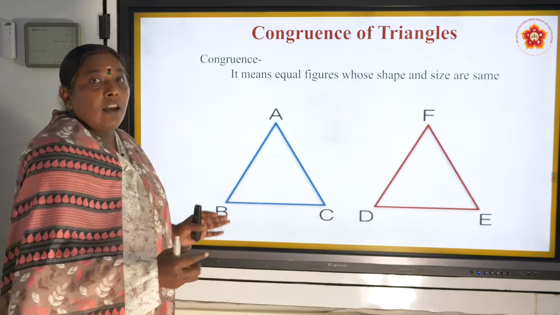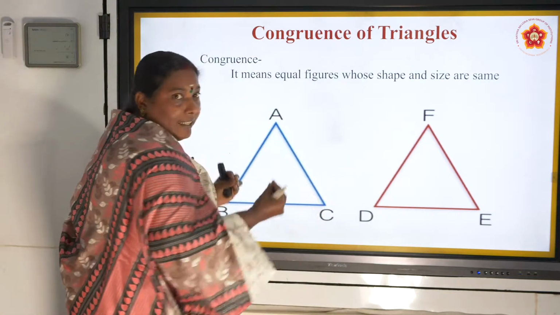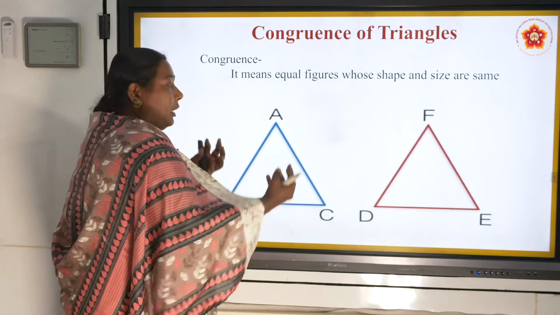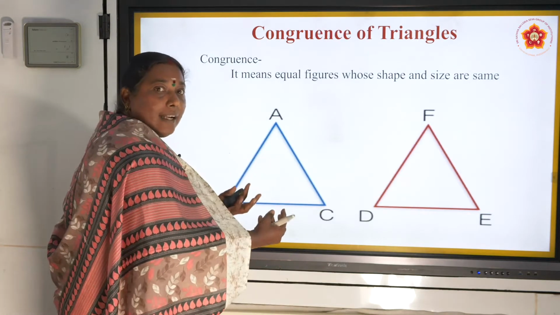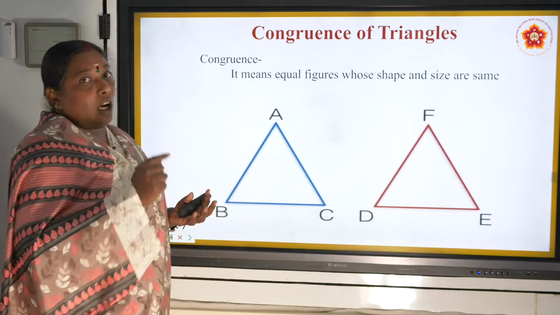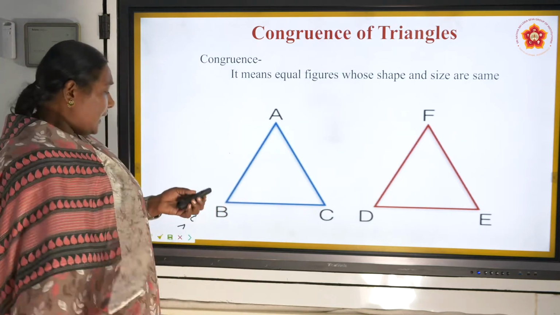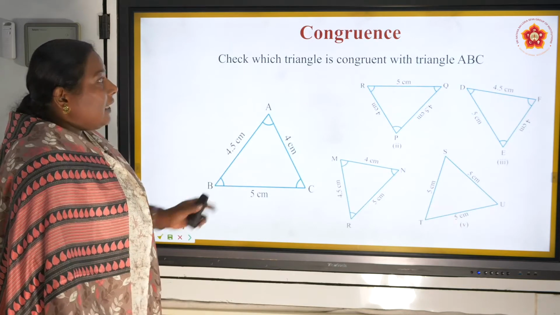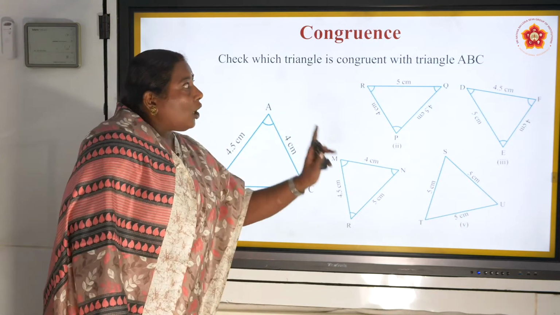But congruence means we are picking up two sides, one angle, or one side and two angles, like that. That is the difference between congruent and congruence. Keep it in mind.